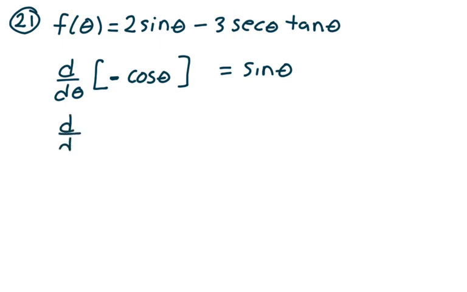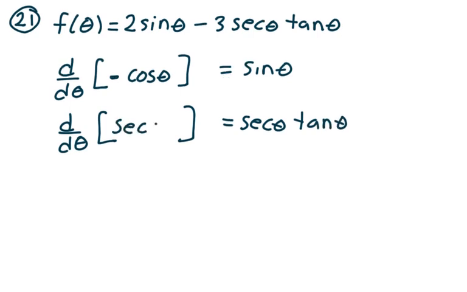So let's do this one first. The derivative of what produces secant theta tangent theta? Remember, think backwards. This should be secant theta.